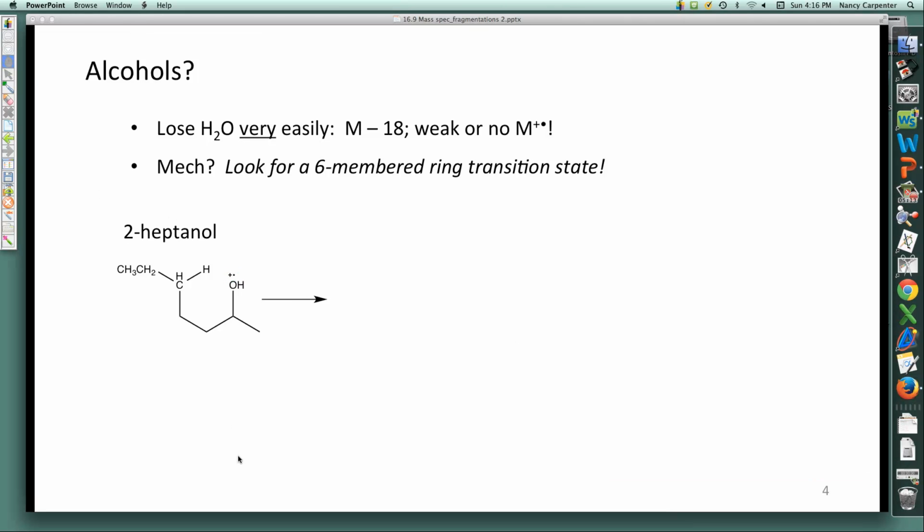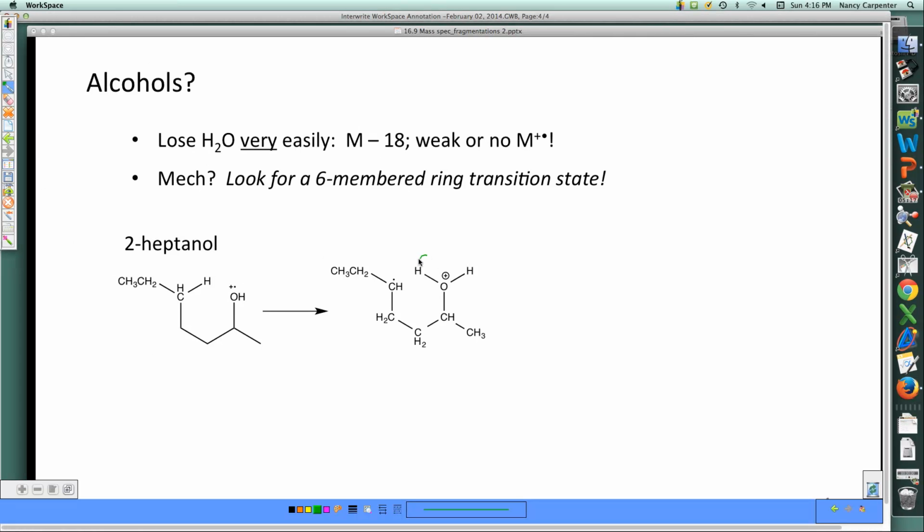Well, then basically we convert the OH to a good leaving group by putting a proton on the oxygen. And how can that happen? Pretty easily. It's the six-membered ring transition state that's really quite facile. So basically it just reaches over and grabs that hydrogen from 1, 2, 3, 4 carbons away.